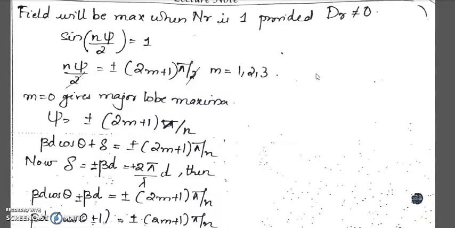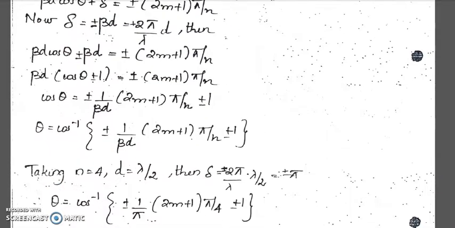So except 0, you can substitute the other values. Then psi is equal to plus or minus (2m plus 1) pi by n. And here psi is beta d cos theta plus delta, and we know that delta is equal to plus or minus beta d. Okay, you can substitute in the place of psi, and you can rearrange that.